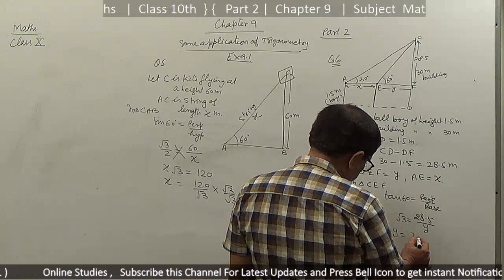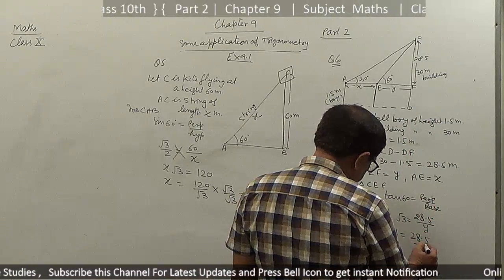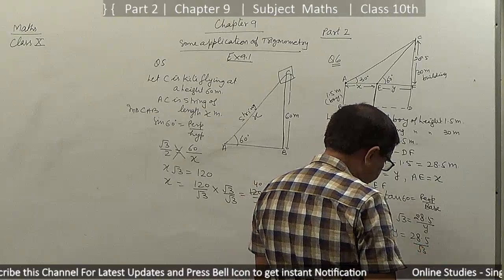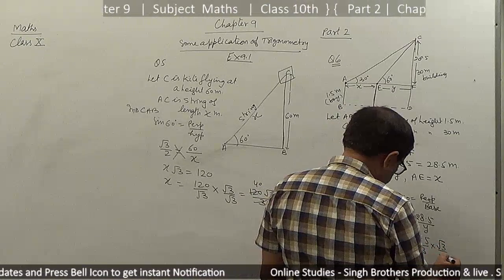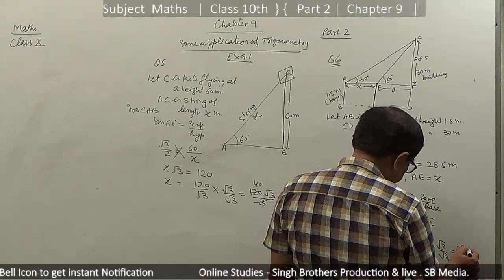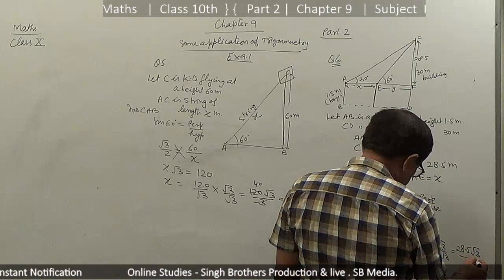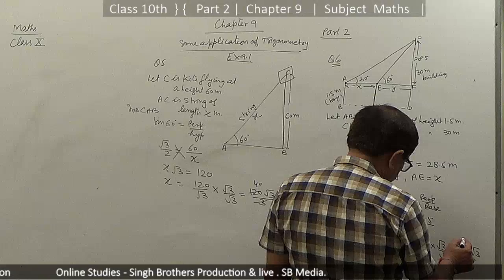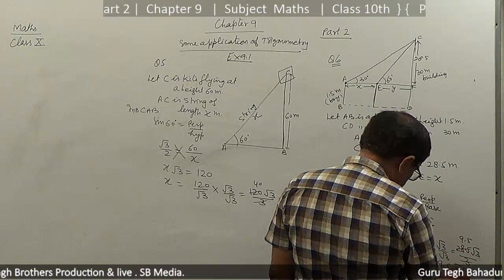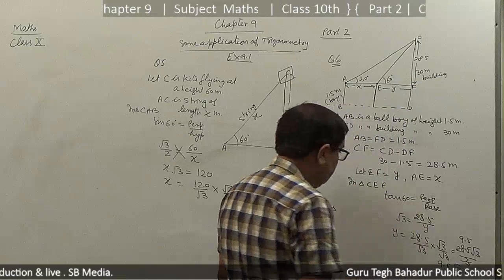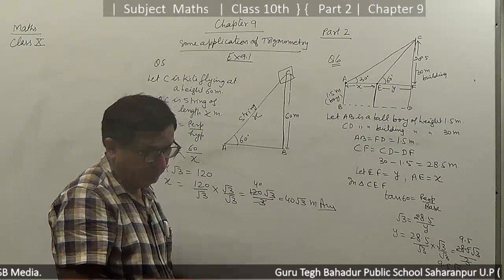Y is equal to 28.5 upon root 3. Multiply with its conjugate, so it will be 28.5 root 3 upon 3. This 3 nines are 27, 9.5 root 3 meter.